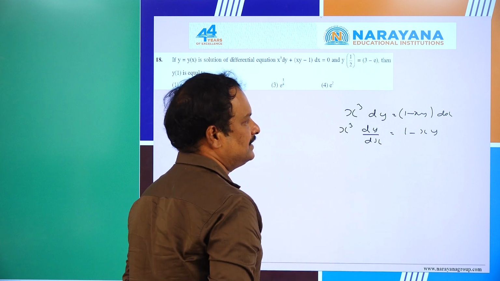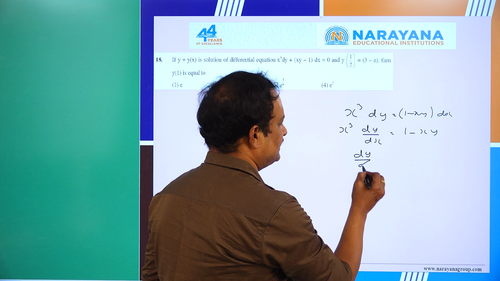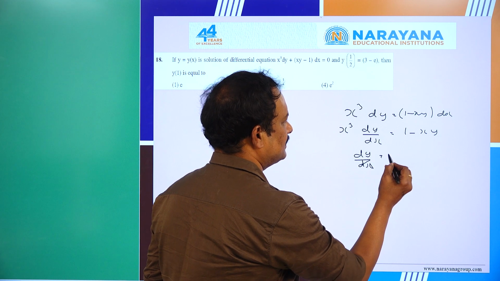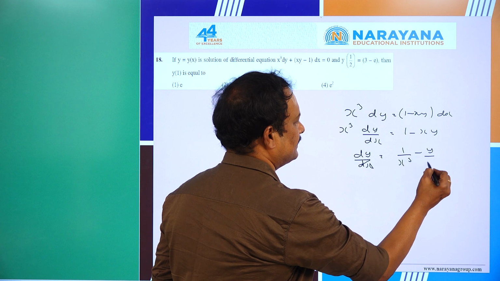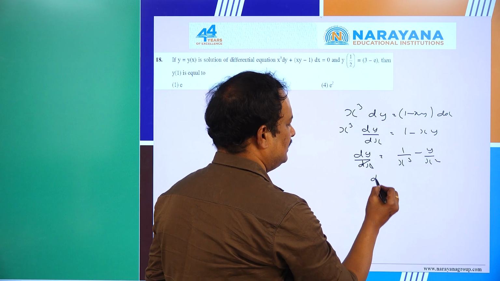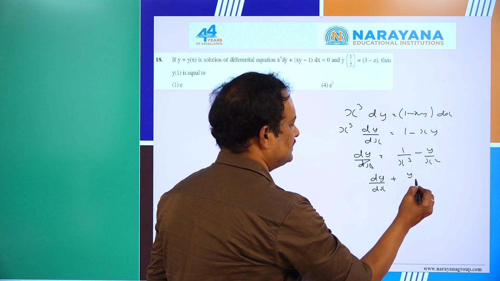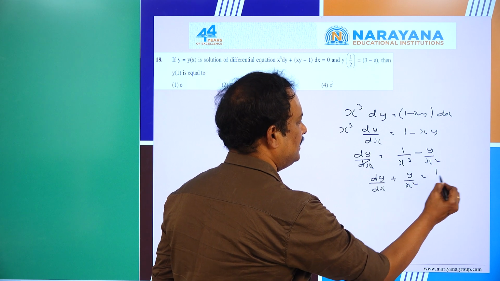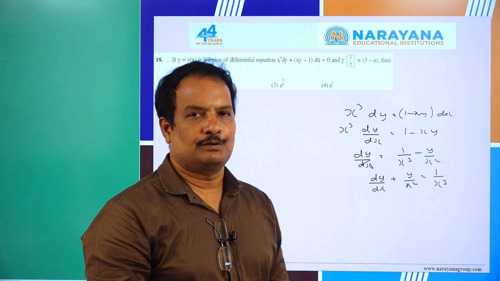So if you divide with x cube there, you are now going to have dy by dx equal to 1 by x cube minus y by x square. Okay, so clearly we got a linear form, dy by dx plus y by x square equal to 1 by x cube. So linear in y, dy by dx plus Py equal to Q model.